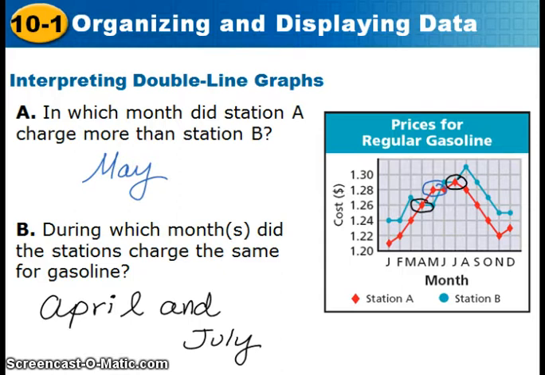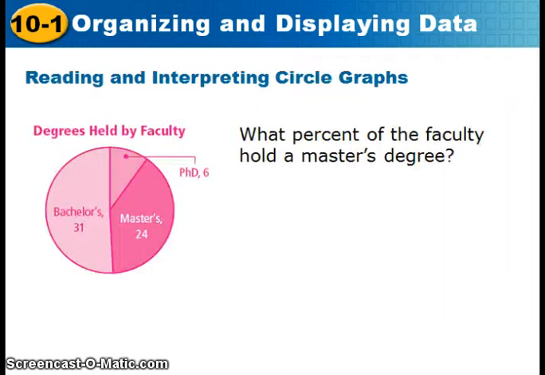Our last type of graph, now that we're done with line graphs, is called a circle graph. And circle graphs are really good for showing what percentage out of a whole a particular category makes up. So for example, this circle graph shows the types of degrees held by the faculty at a high school. So some of the faculty's highest degree is a bachelor's degree, others is a master's, and some is a PhD.